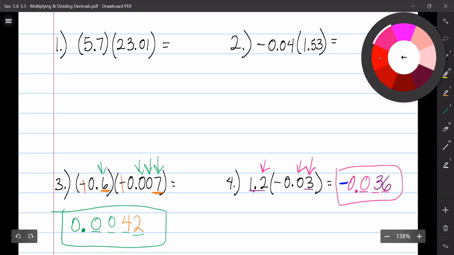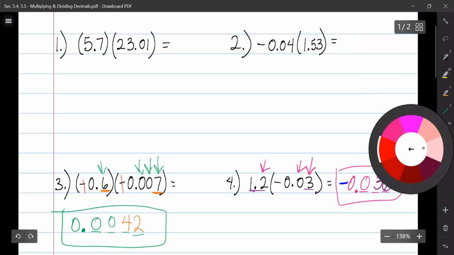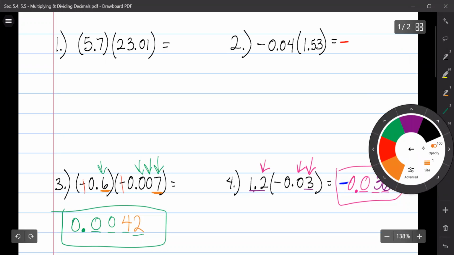All right. On number 2, is that answer going to be positive or negative? Negative, because it's a negative times a positive. All right. And then I'm going to multiply 153 times 4. So 4 times 3 is 12. So write down the 2 and carry the 1. And then 4 times 5 is 20. 20 plus 1 is 21.